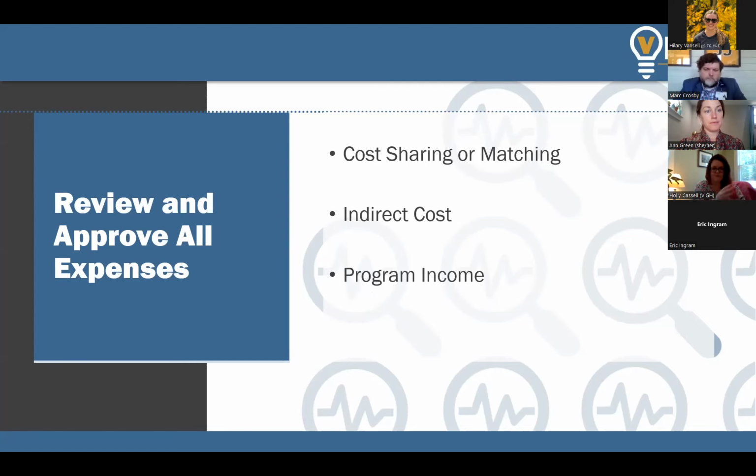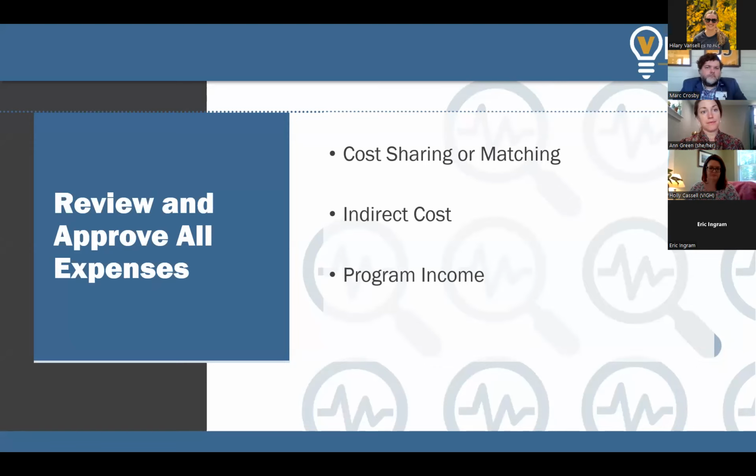And so it's going to be a situation where the sponsor agrees to give the organization $100,000 to do the work. But they also ask that the organization spends $20,000 on maybe somebody's effort or salary or purchasing equipment. So if that's required match, that would be included in the closeout.